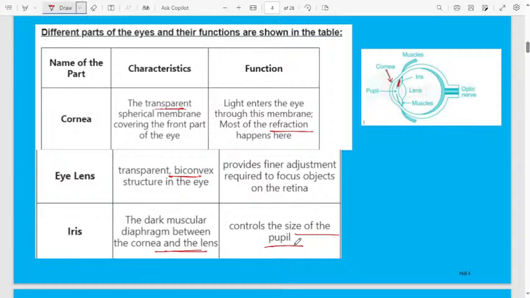It controls the size of the pupil. This is the pupil. The pupil is the front part of the lens, and you can observe the black spot in your eyes, that is the pupil. The iris controls the size of the pupil.